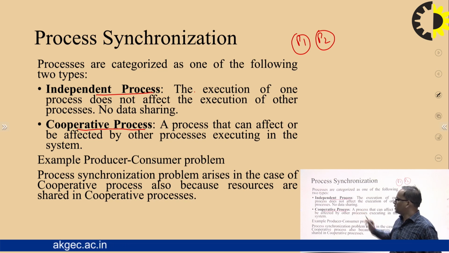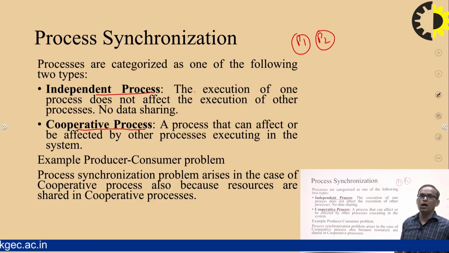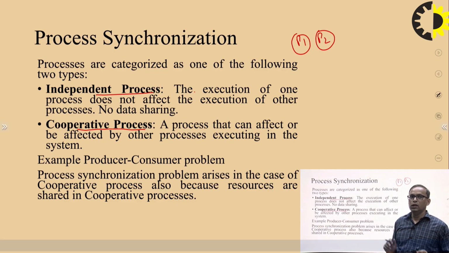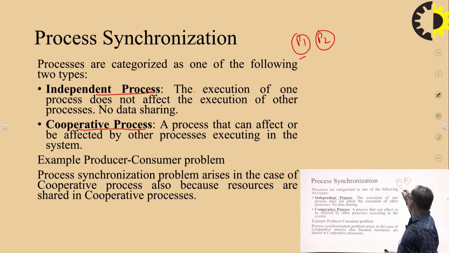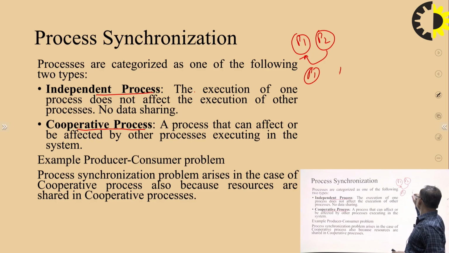The second one is the cooperative process. Cooperative processes are those where the working of one process is affected by the other process, or where there is any kind of information or data exchange between the processes.